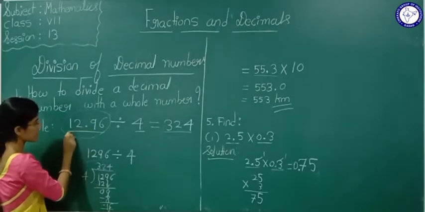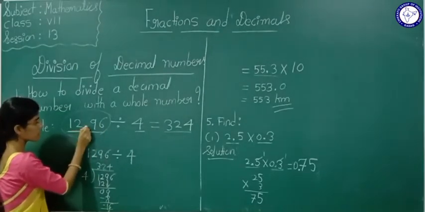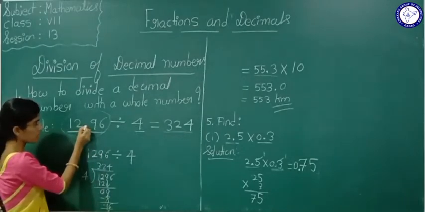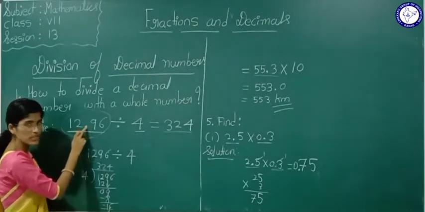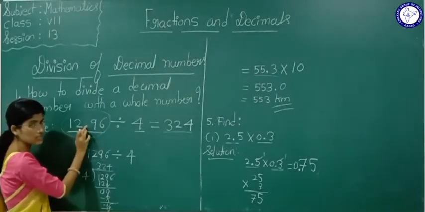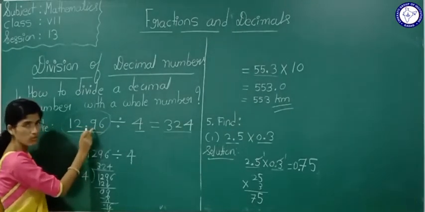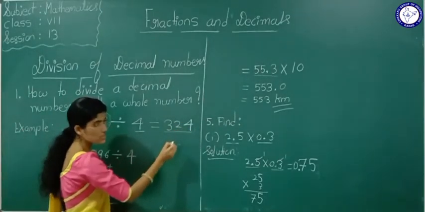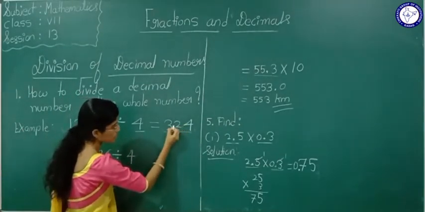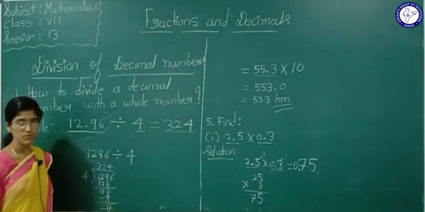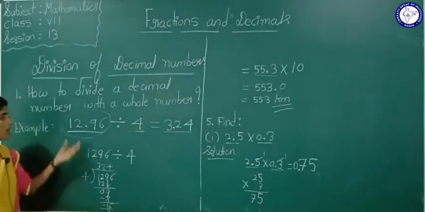See in this decimal number, the decimal point is there, right? After this decimal point, how many digits are there? See on the right side, 1, 2. From the back side, after 2 places you give a decimal point. That is nothing but 3.24. Is it understood how to do?